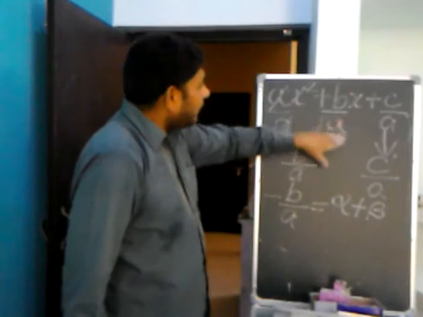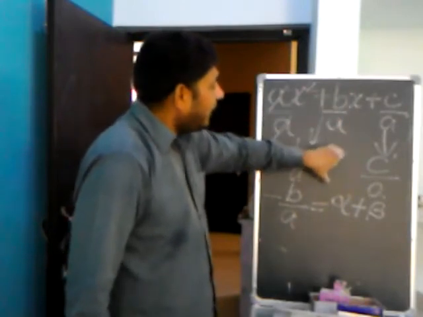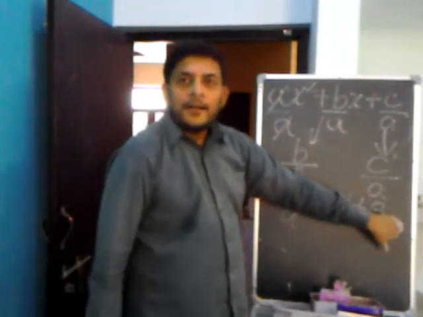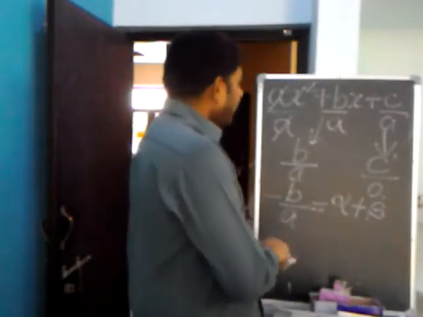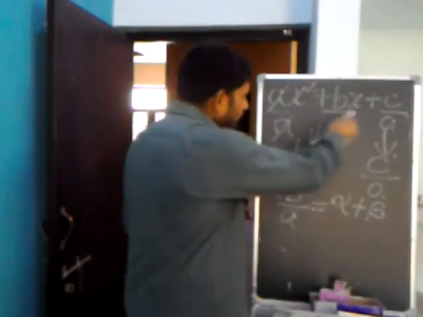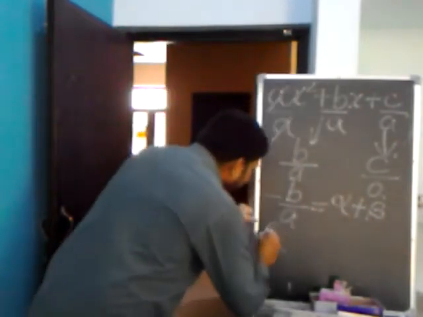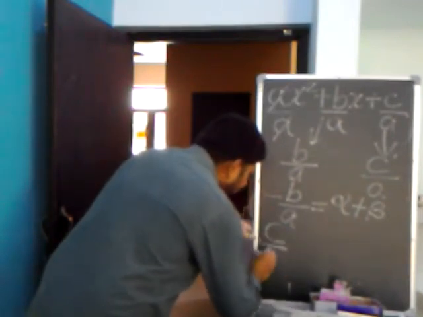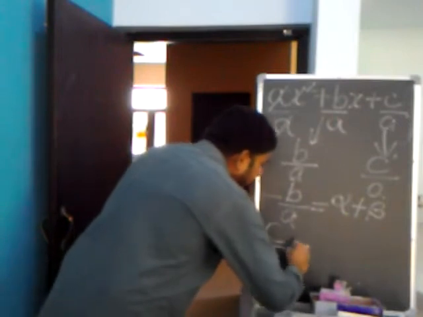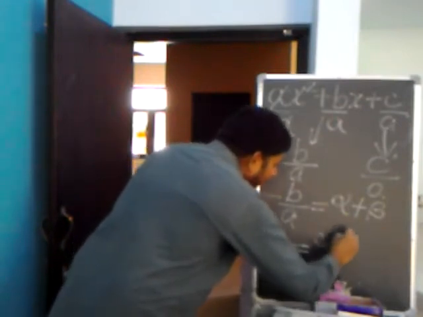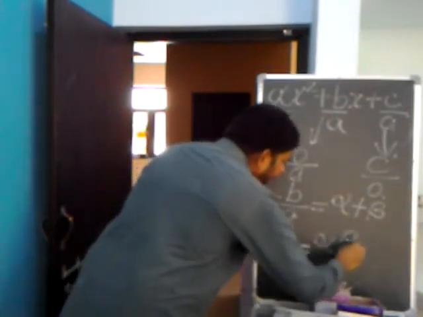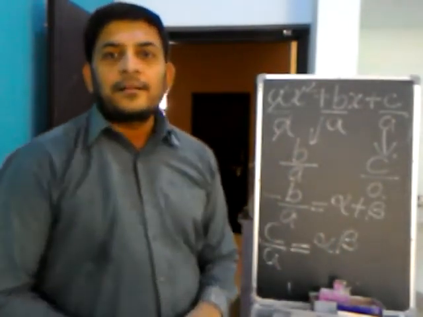So the middle term, minus b upon a, is equal to alpha plus beta, and the last term, c upon a, is equal to alpha into beta.